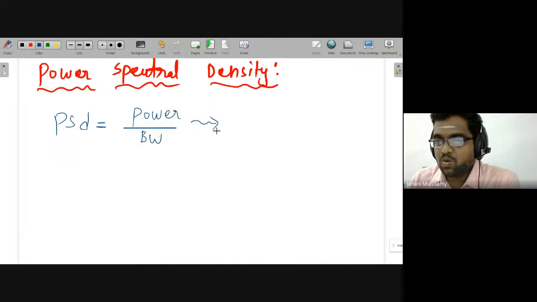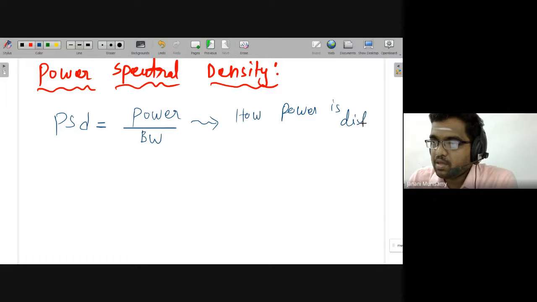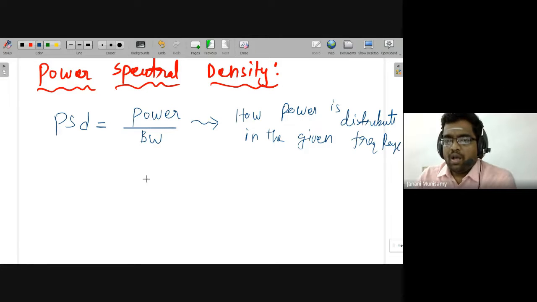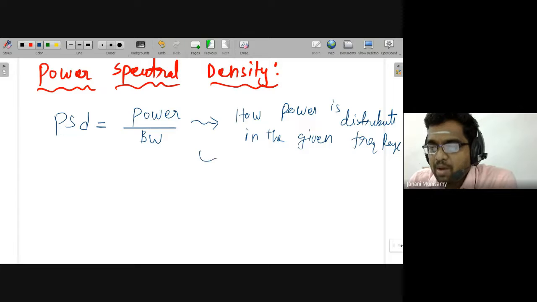Okay, so what this is indicating is how power is distributed in the given frequency range. Again, this may be uniform or non-uniform.